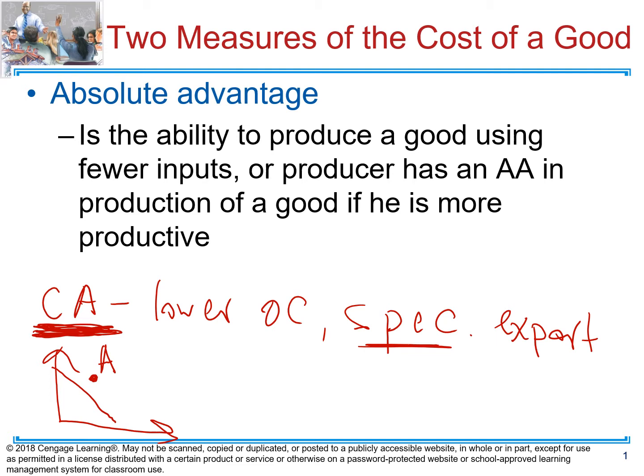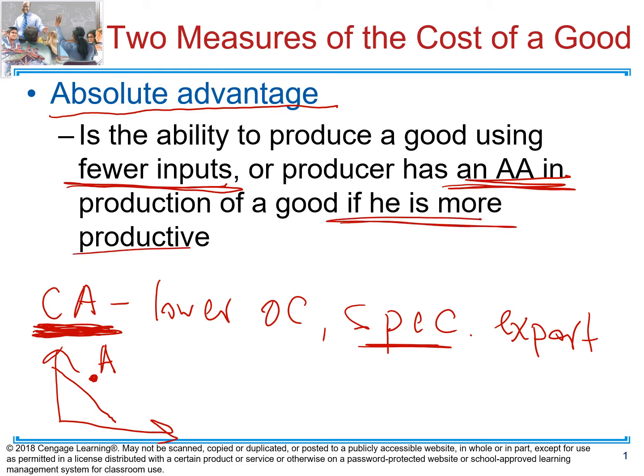So the last thing that we need to do here, we need to talk about absolute advantage. And absolute advantage is a producer's ability to produce a good using fewer inputs, or we usually say that a producer has an absolute advantage in production of a good if that producer is more productive. So once again, absolute advantage.